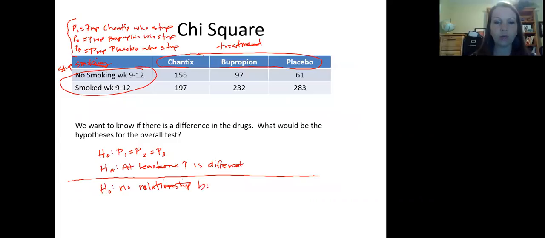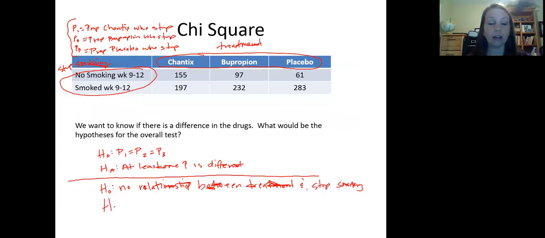So no relationship between treatment and stopping smoking. Versus the alternative that there is a relationship between treatment and stopping smoking.